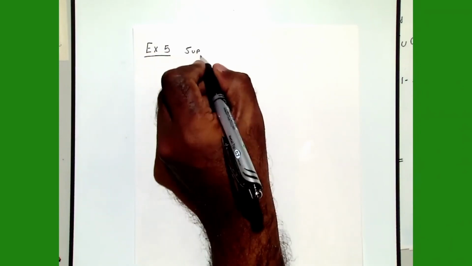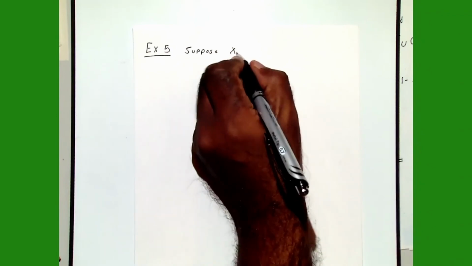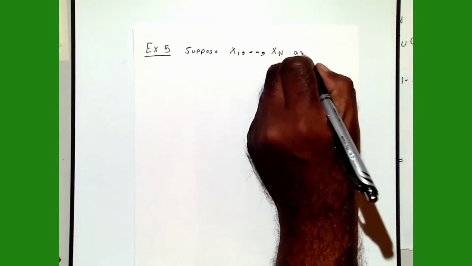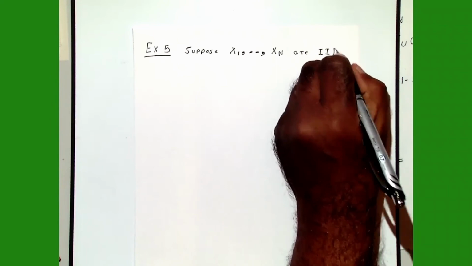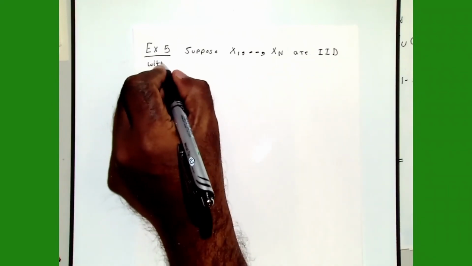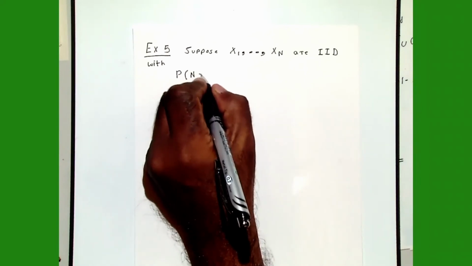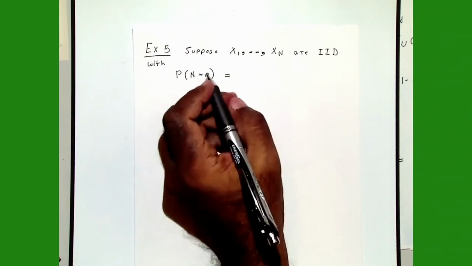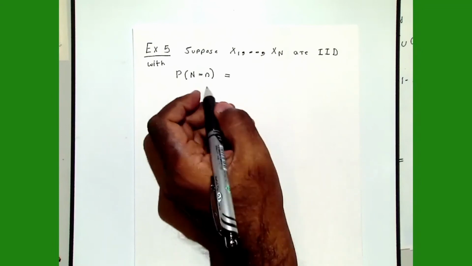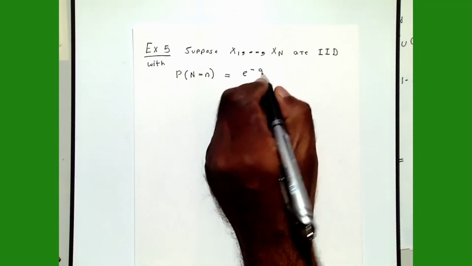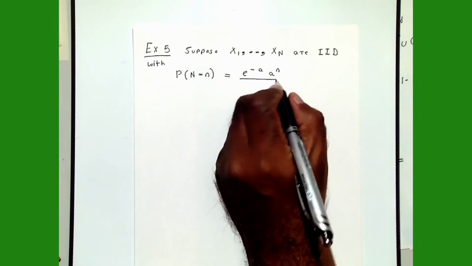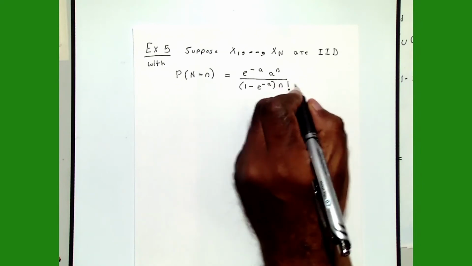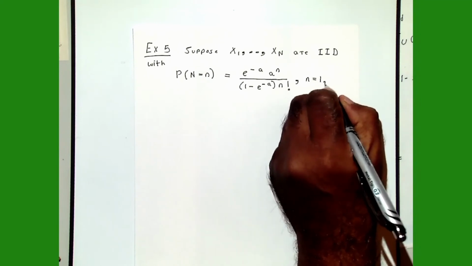Suppose the losses are IID and the number of investments is a random variable with the following probability mass function, where n goes from 1, 2 to infinity.